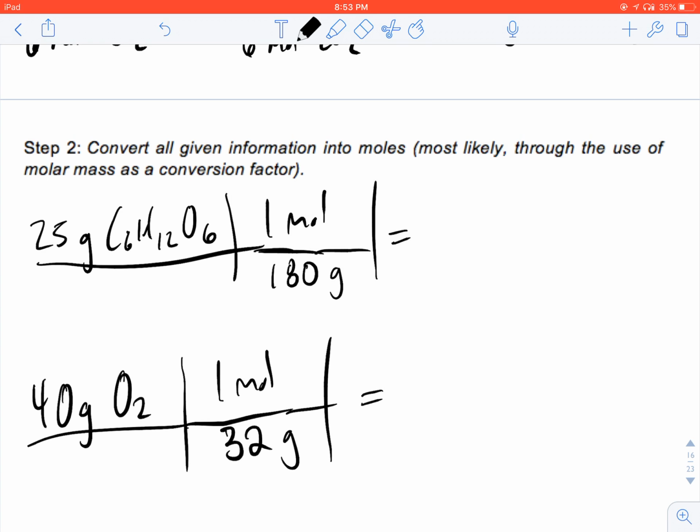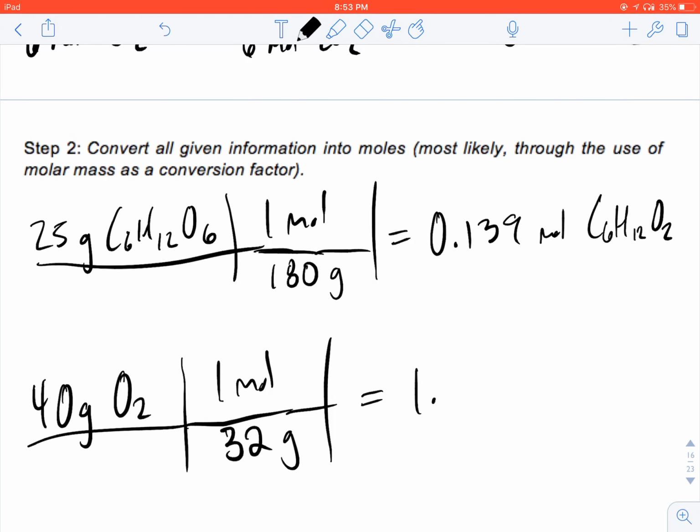Wonderful. So now we just do the math here. 25 divided by 180. Get a 0.139 moles of glucose. And then we do 40 divided by 32. 1.25 moles of O2.